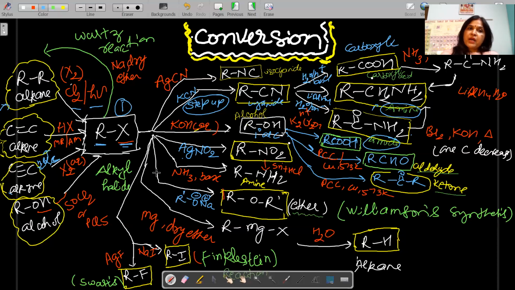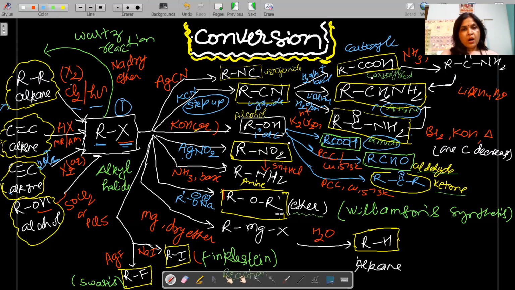The next reaction of alkyl halide is with sodium alkoxide. In alkyl halide, basically primary alkyl halide, if we add sodium alkoxide, we can get ROR', that is we can get ether. This is a name reaction which is called Williamson synthesis. Williamson synthesis is the synthesis for ether using alkyl halide and sodium alkoxide.